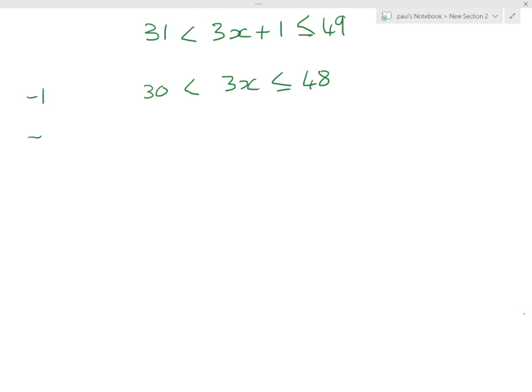Now we need to divide everything by 3 to leave a single x in the middle. That divided by 3 is 10. That divided by 3, 48 divided by 3, is 16. So if you were to draw this on a number line, you'd have 10 there and 16 there, and this would be a closed dot.